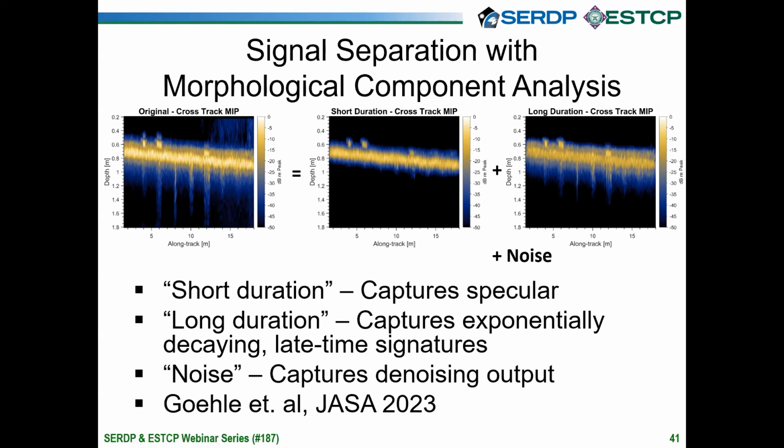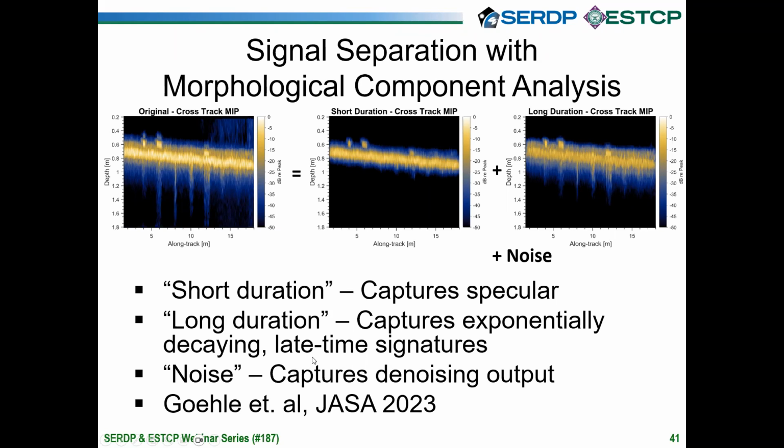And then also long duration returns, which are going to be trying to capture returns that have a characteristic of exponentially decaying. And so they will start loud and then get weaker with some time constant that's measured in milliseconds. The goal of that portion of our basis is to try and capture these late time signatures. And then we're also including a denoising stage that can capture any unwanted noise.